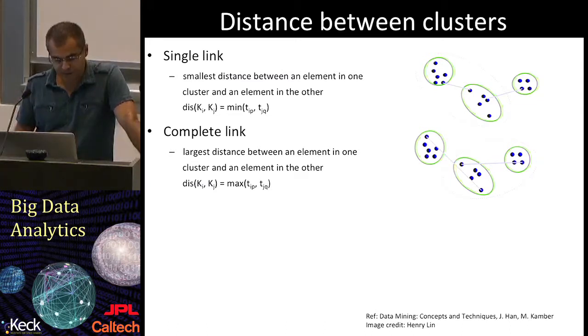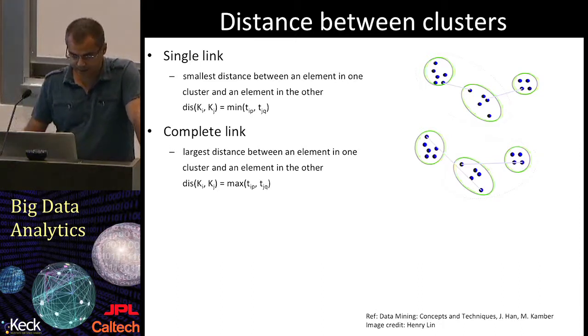And so this method works better for compact clusters with small diameters over long clusters. But it is also very sensitive to outliers.